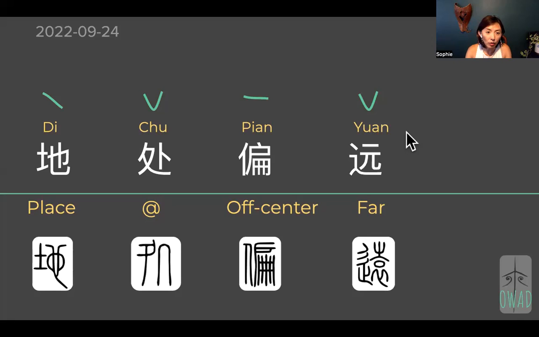Last time we talked about 地处偏远, some remote place, and we use 4 characters to say this place is located at some off-center, far away place. That's our kind of lengthy way to say remote.